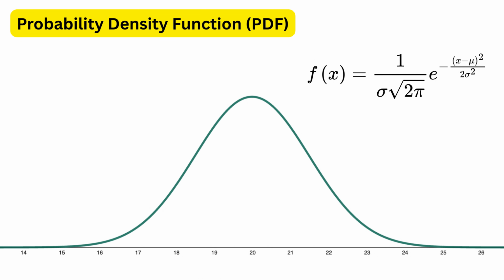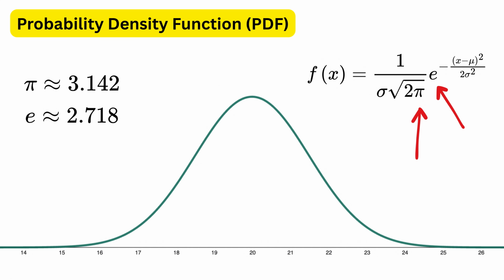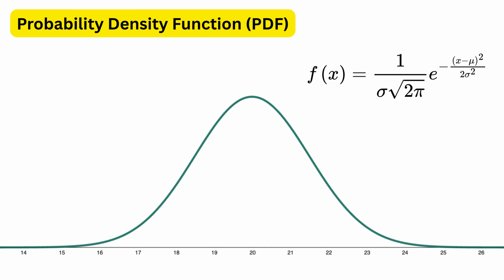Then, when we plot the function, it will have this bell-shaped formula like the normal distribution. This function is called PDF. Here, pi and e are fixed constants in mathematics, and mu and sigma are the mean and standard deviation as discussed earlier.